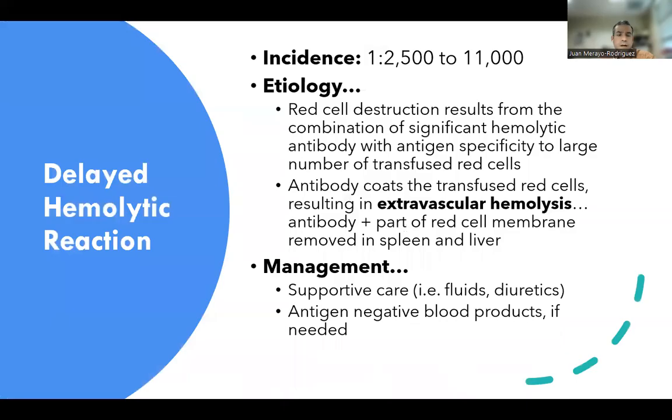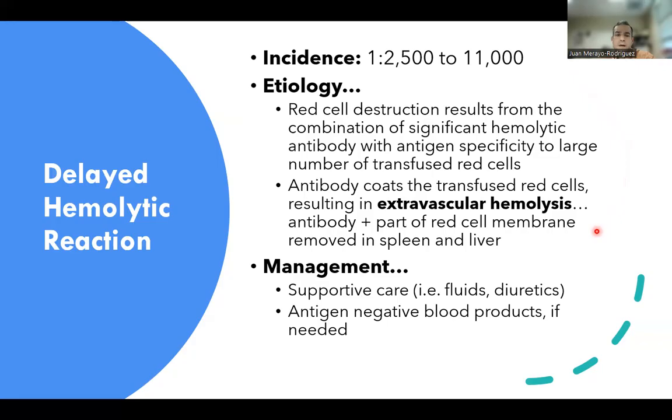Talking about delayed hemolytic reactions, the incidence is 1 in 2,500 to 11,000. The etiology is red cell destruction from the combination of significant hemolytic antibody and antigen specificity to a large number of transfused red cells. Antibody coats the transfused red cell, resulting in extravascular hemolysis.